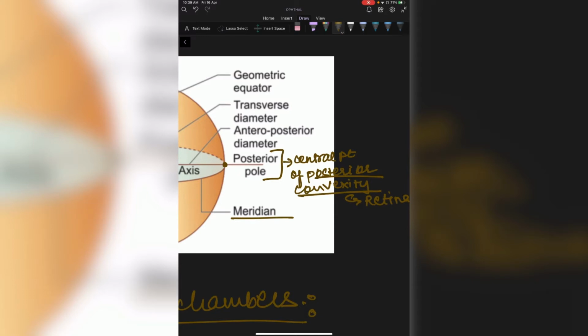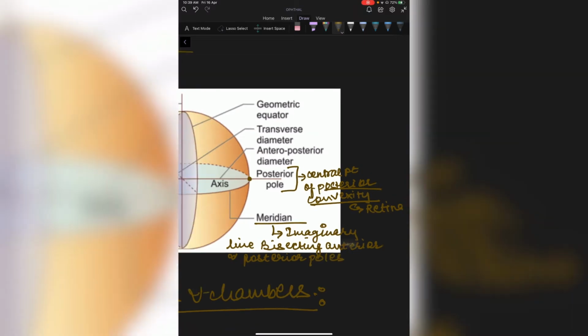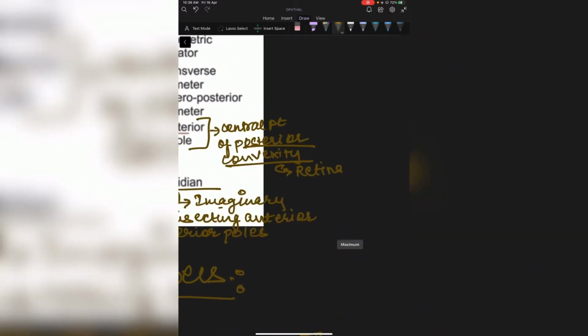Now, we have the meridian. We make an imaginary line bisecting the anterior and posterior poles. Bisecting the anterior and posterior poles forms the meridian.